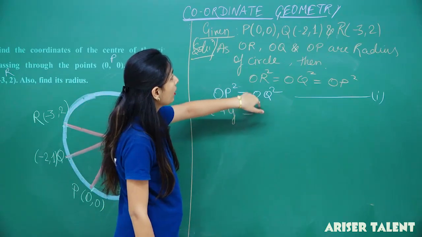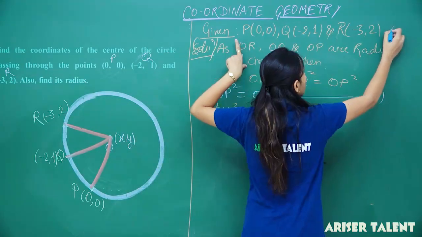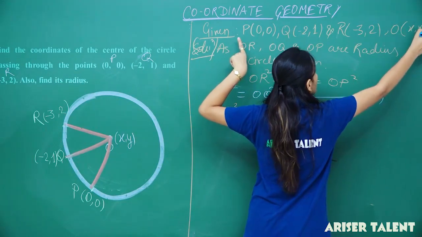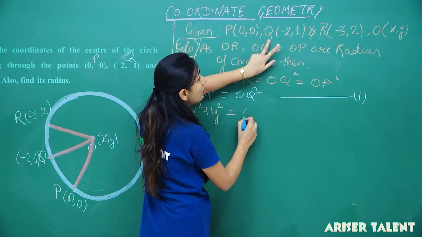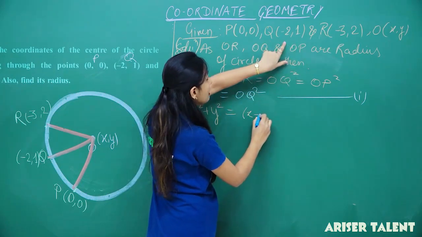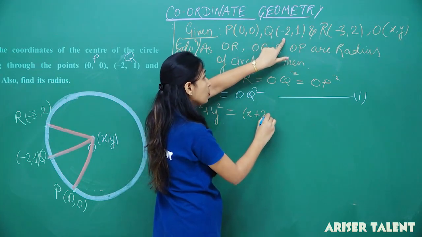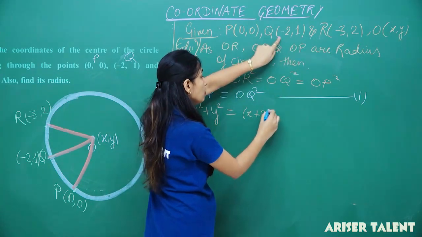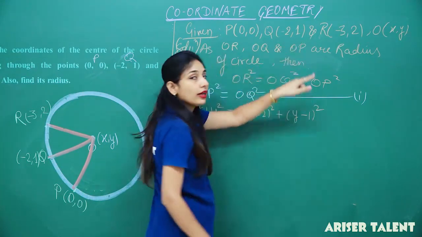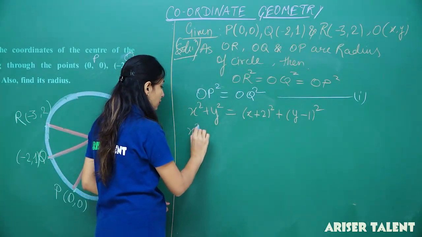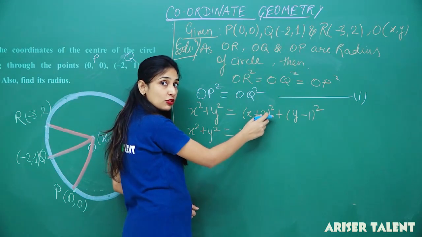Now OQ square. O is (x, y), and Q is here, so that will be x minus minus 2, which is x plus 2, whole square, plus y minus 1 whole square. So x square plus y square equals x square plus 4 plus 4x, using the a square plus b square plus 2ab formula.